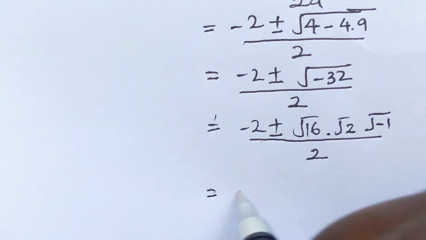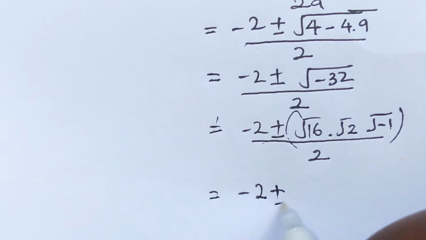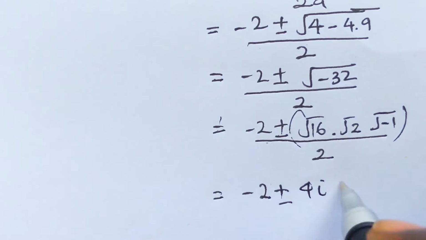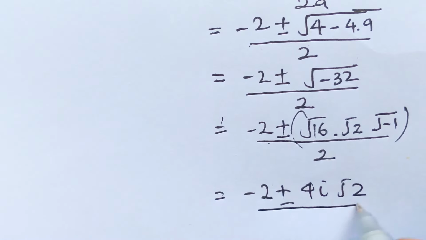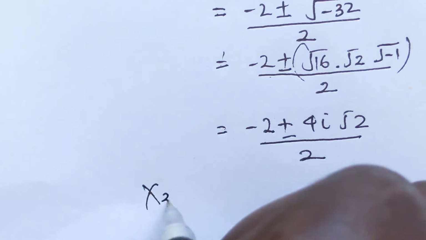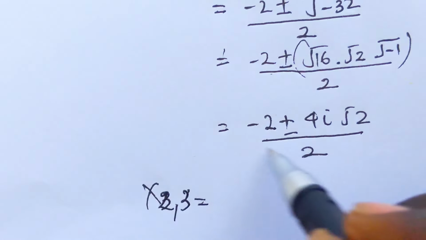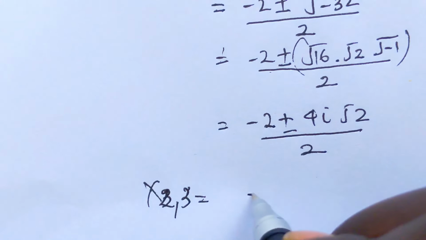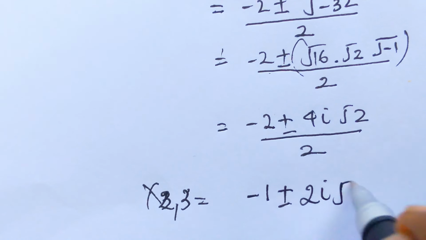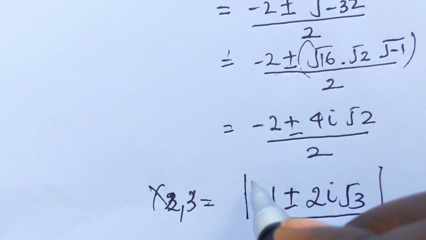And this is equal to negative 2 plus or minus 4i square root of 2 over 2. And lastly, x2 and 3, by factorization, will be negative 1 plus or minus 2i square root of 2 as the value of complex number.